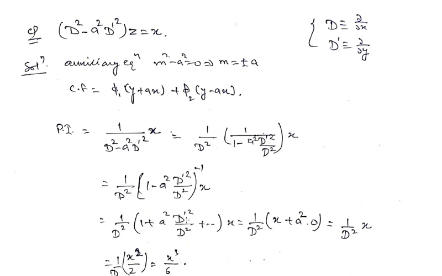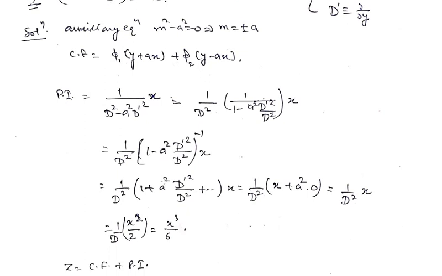So first we open it and we get x plus a square D prime square upon D square over x, plus so on. Now first we apply D prime over x. It means differentiate x with respect to y. It gives us 0. Or if we first integrate, it gives us x into some function of y, and after that if we differentiate with respect to D prime, ultimately it gives us 0.